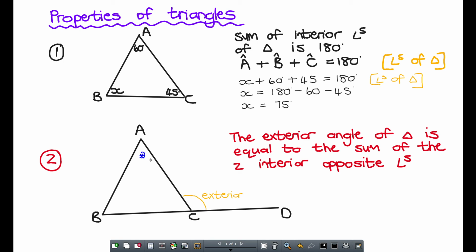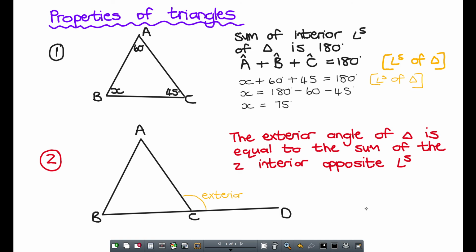I've got angle A, angle B, and angle C. What would be the opposite angles from that exterior angle? It would be A and B. Can you see they are opposite that exterior angle? Why am I not using this angle? Because it's right next to. It's not opposite. Do you get that part?